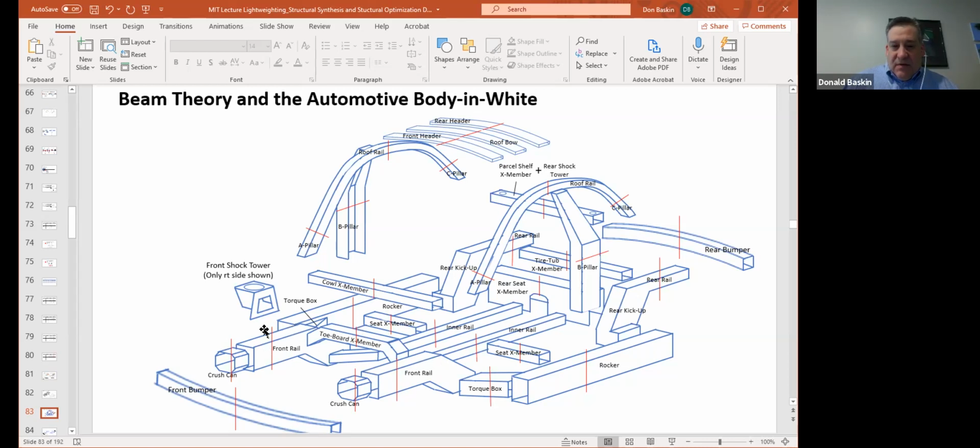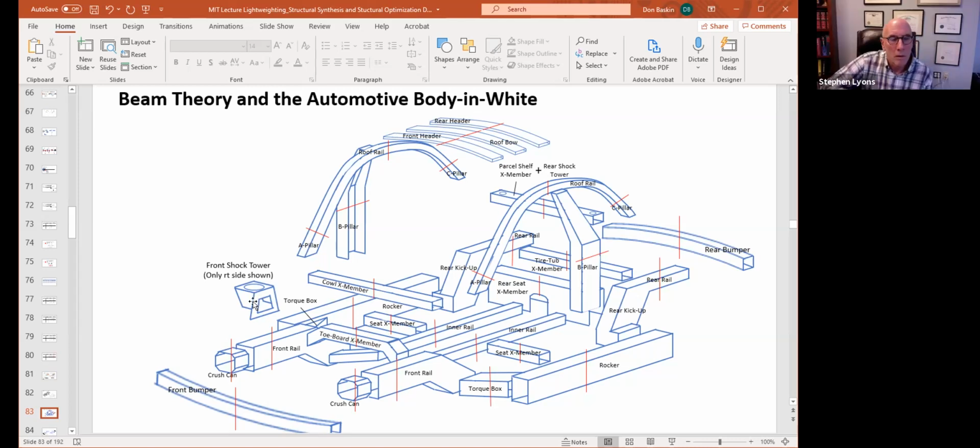What's attached to the front rails are these shock tower structures. I've only shown one here, but there's actually another one over here. The shock tower structures are actually one of the highest loaded parts of your body structure. And this is where you typically find fatigue failures in testing before the car gets launched to the public.